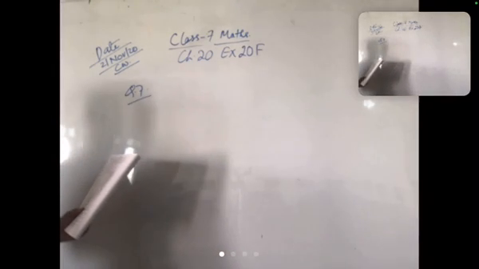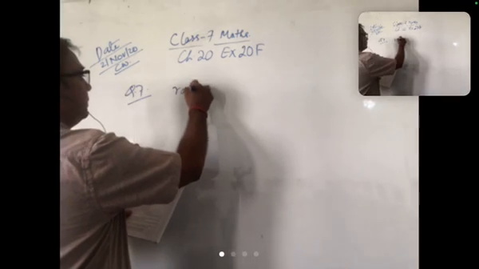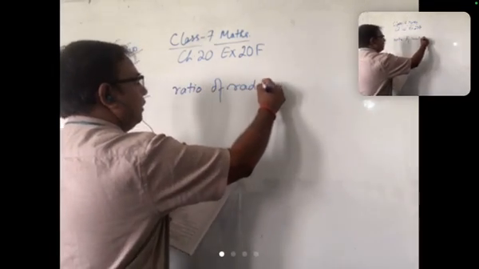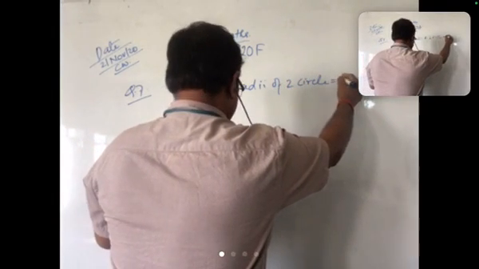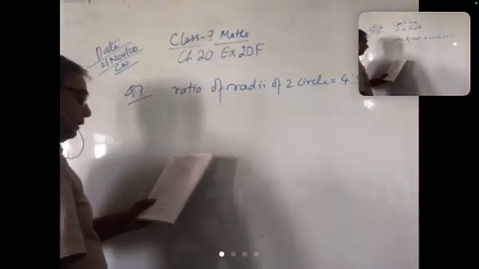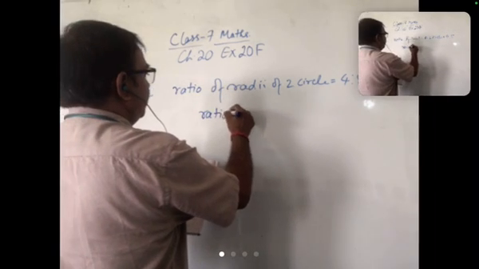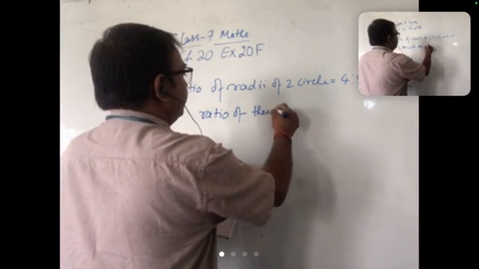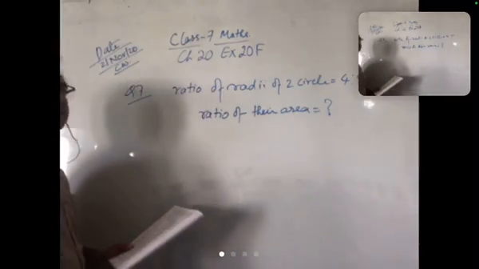The ratio of the radii of two circles is 4 is to 5, and we have to find the ratio of their area, equal to question mark.